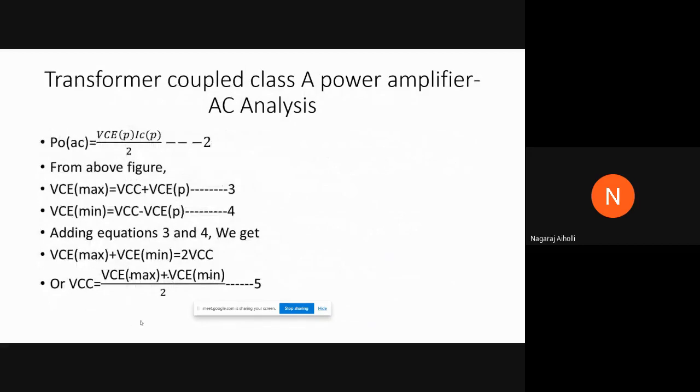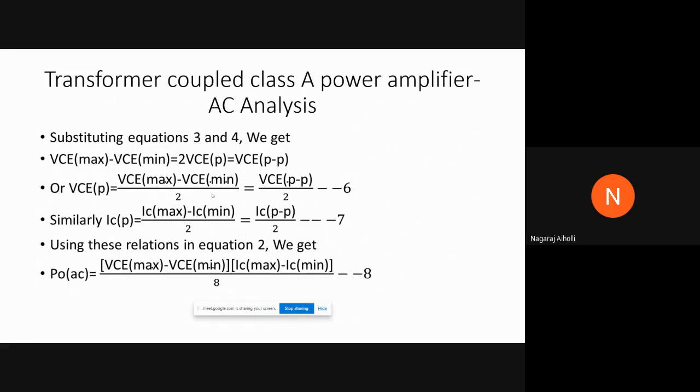Equation 5 is VCC equal to Vc max plus Vc min by 2. And equation 6 is Vc peak equal to Vc max minus Vc min by 2, which is further equal to Vc peak to peak divided by 2. Equation 6.